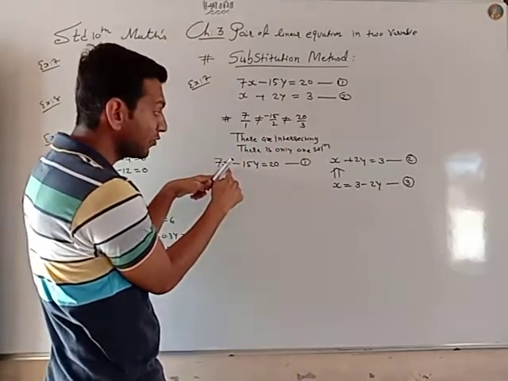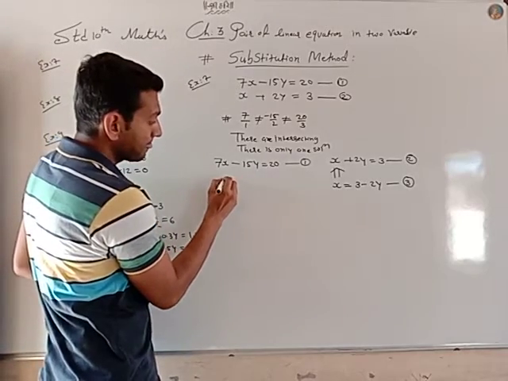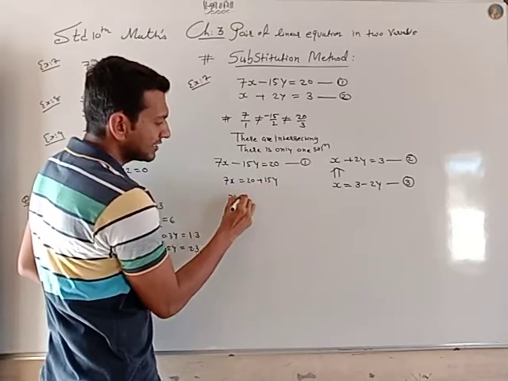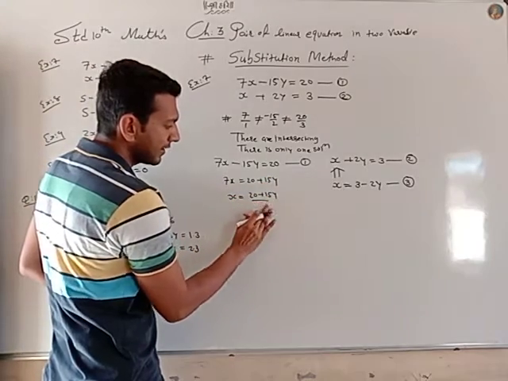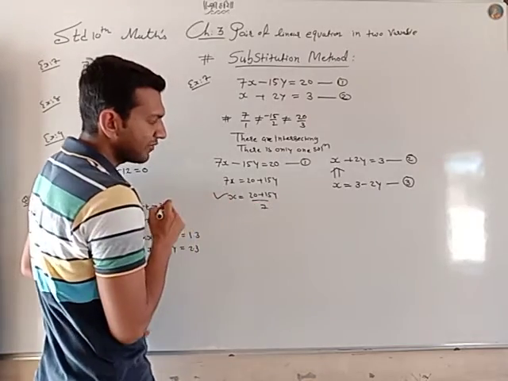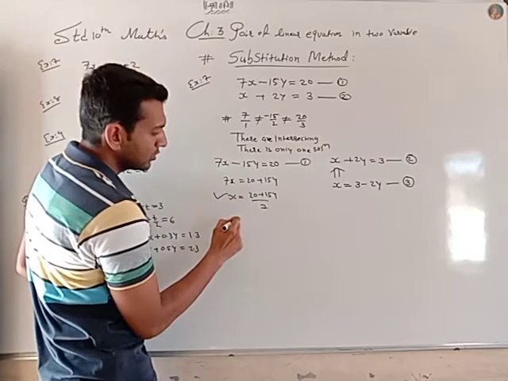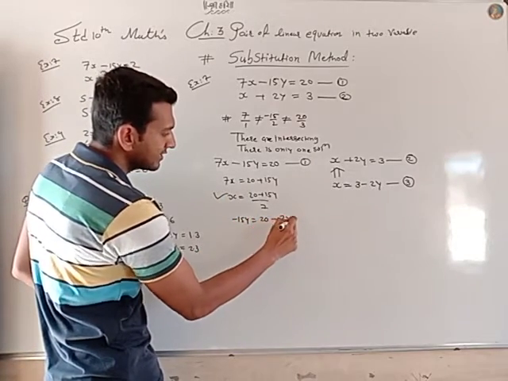See, if I want to find the value of x from the first equation, I get 7x is equal to 20 plus 15y, and x is equal to 20 plus 15y by 7. This is my first option. The second one, I want to find y: minus 15y is equal to 20 minus 7x.